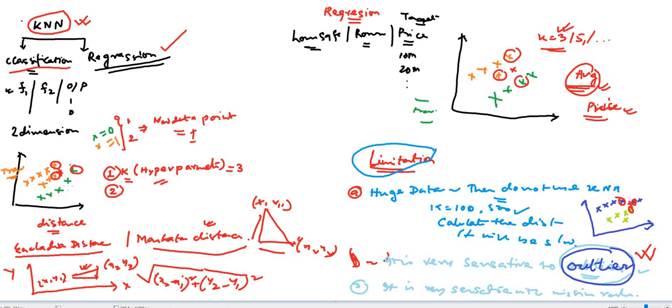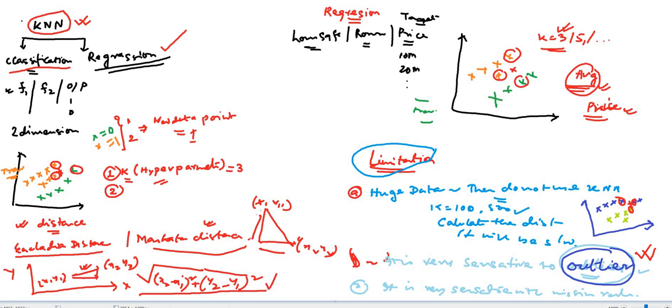Based on the K value, it is selecting the nearest points and then taking the decision whether it will be 1 or 0, or if it's multi-class classification, then it is taking that decision. All the calculations happen by distance. The distance is either Euclidean distance or Manhattan distance. The Euclidean distance formula is the square root of (x2 minus x1) whole squared plus (y2 minus y1) whole squared.